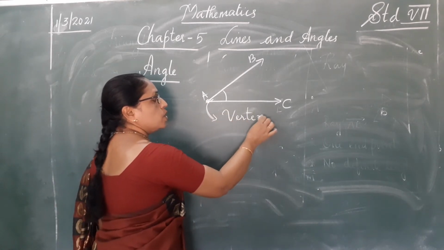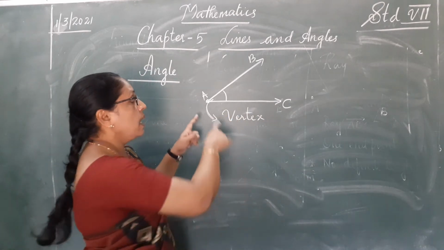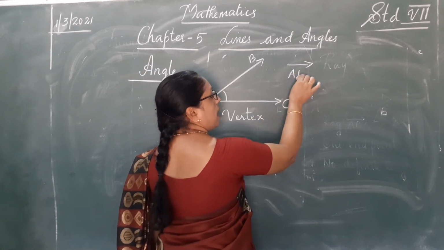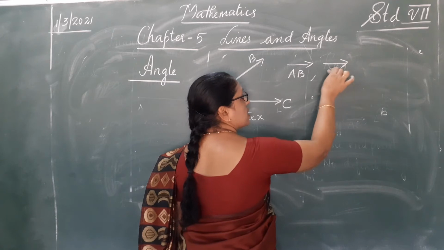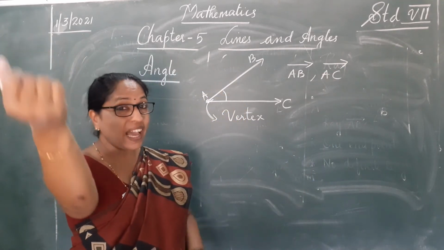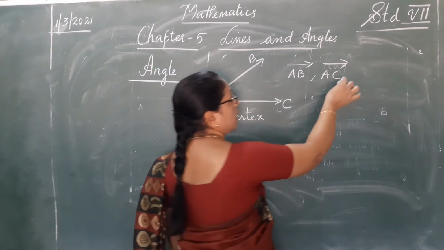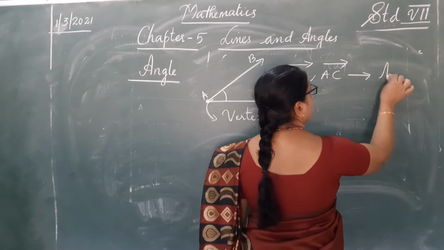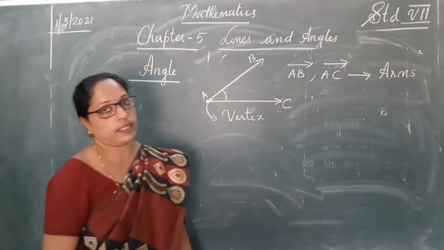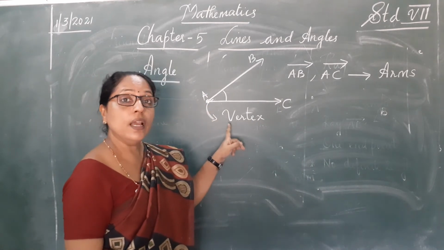The meeting point, the joining point of the rays, is known as the vertex. And these rays, ray AB and ray AC, are known as arms of the angle. The common point where they have joined is known as the vertex.